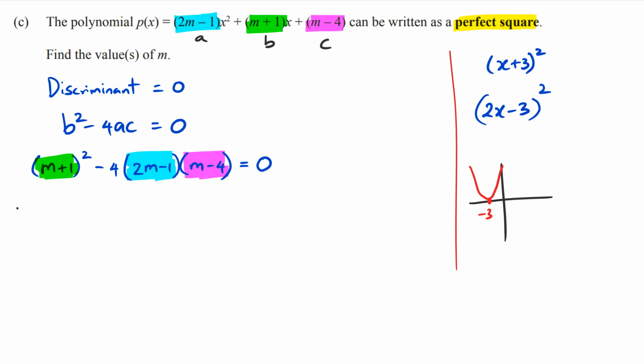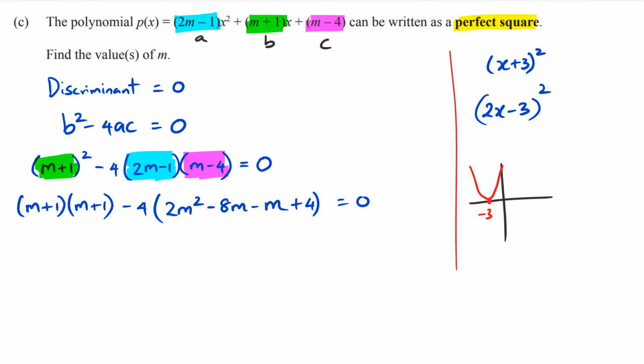So we've got m plus 1 times m plus 1, minus 4, and I'm going to expand this quadratic. So 2m times m is 2m squared, minus 8m, minus m, plus 4, and all of this is equal to 0.